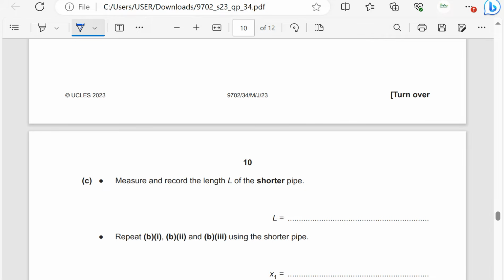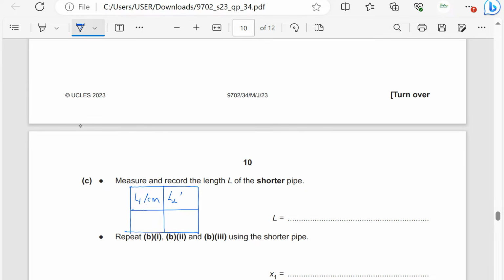So they had now to repeat the experiment with a shorter pipe by measuring its length. And my student again repeated the measurement. Every time you take a repeated measurement, draw a nice table to give a good impression to the examiner that you know what you're dealing with. So she did the first attempt in centimeters.